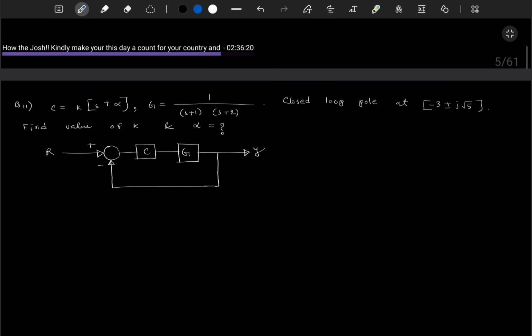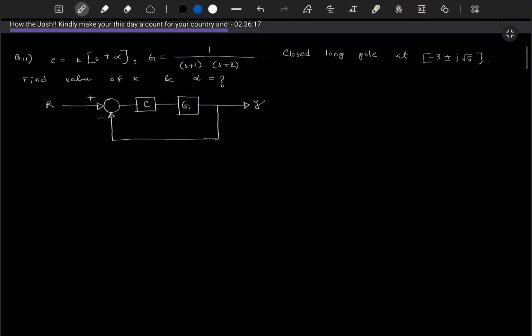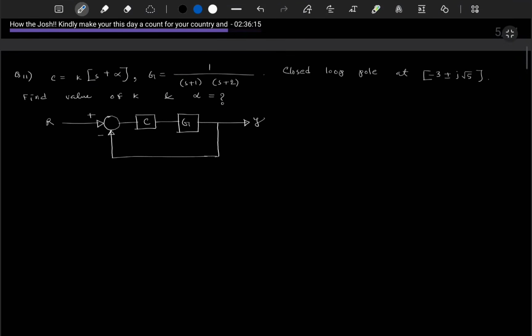Next this one, closed loop pole at this, and find the value of K and alpha. For closed loop transfer function, the characteristic equation left side will always be the same as the multiplication of these poles.